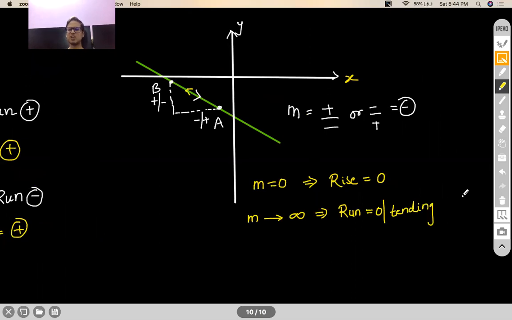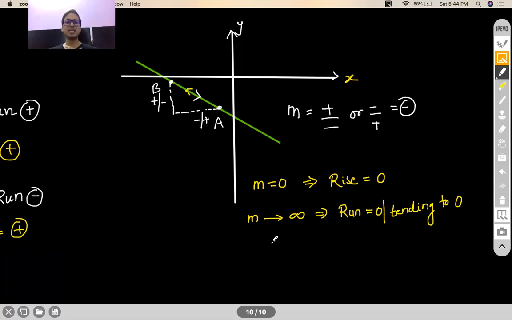Now here there is a lot of debate that if the run is exactly zero, then our slope should not be defined. Your slope may not be defined, but your line can still exist for that. So there can be a line existing for a slope which is not defined. Are you getting my point? For example, the y-axis. Y-axis is a line, correct? Its slope is not defined, right?